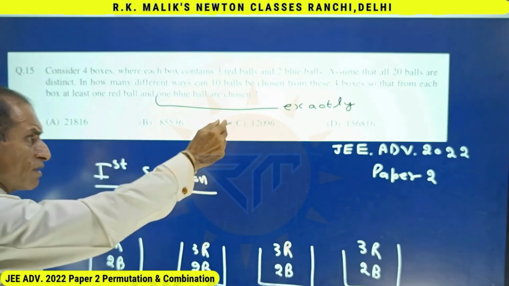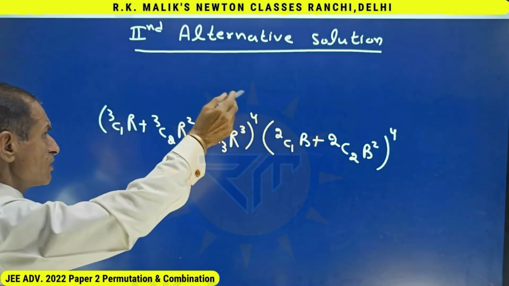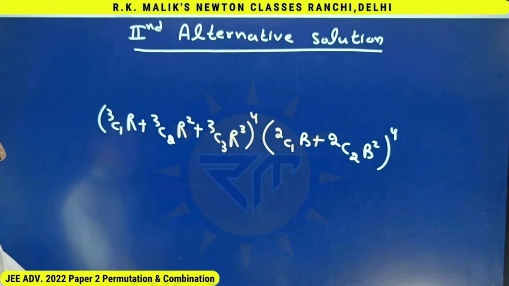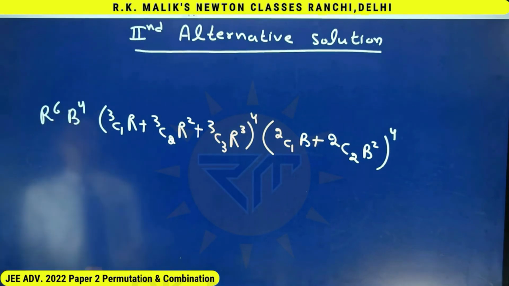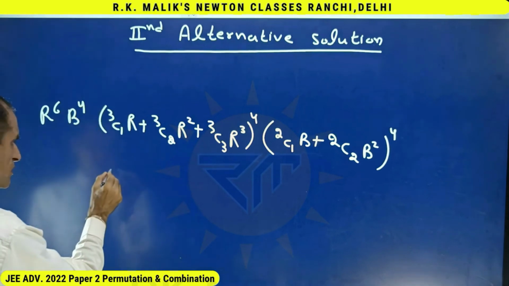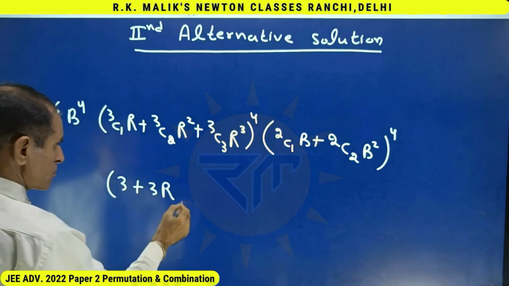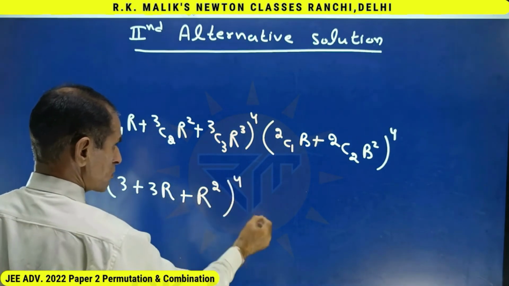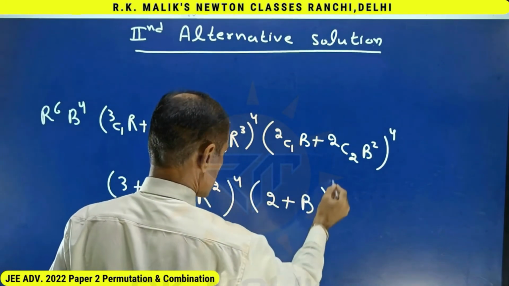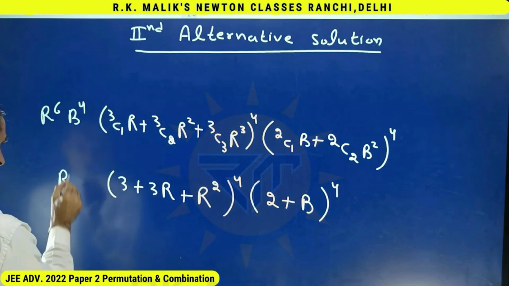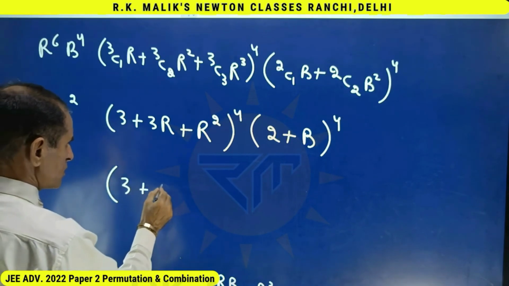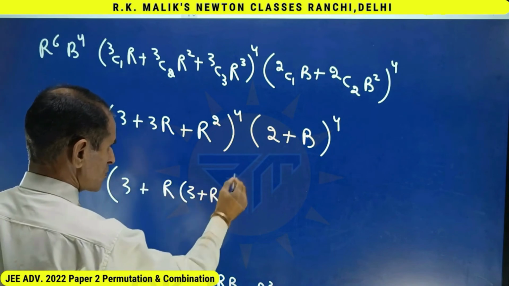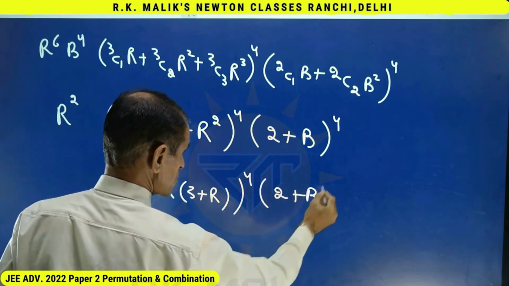And under this interpretation, in second alternative solution, using the same argument as I told in the previous interpretation, in this case you will be just finding the coefficient of r to the power 6 b to the power 4 in the expansion of this, that is coefficient of r square in the expansion of this, that is 3 plus r.